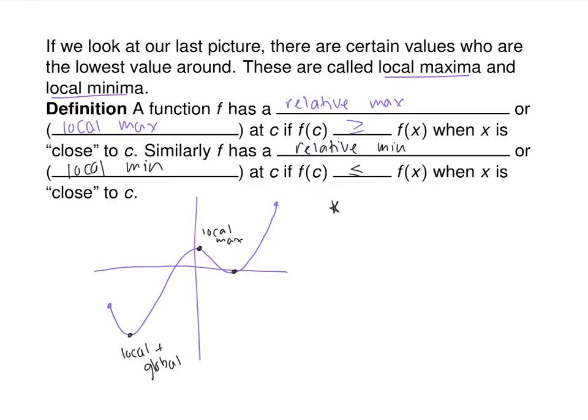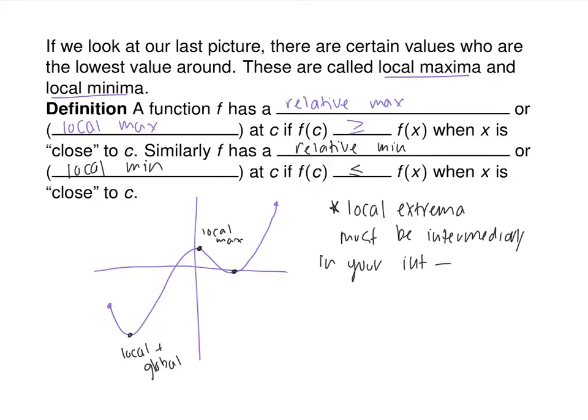And these local extrema, at least in this textbook, must be intermediary, like in your interval, not endpoints. Now you have filled in dots on these. I do have filled in dots on these, yep. But the point was that if they were open, it wouldn't change anything about the local behavior.